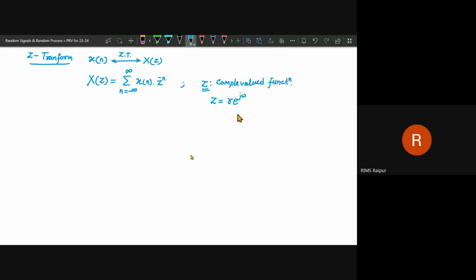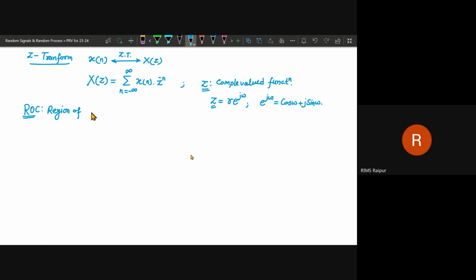The value of e raised to power j omega can be calculated as cos omega plus j sine omega. So basically, it is a complex number. Now, let's see what is ROC. ROC of a Z transform. ROC is called the region of convergence.